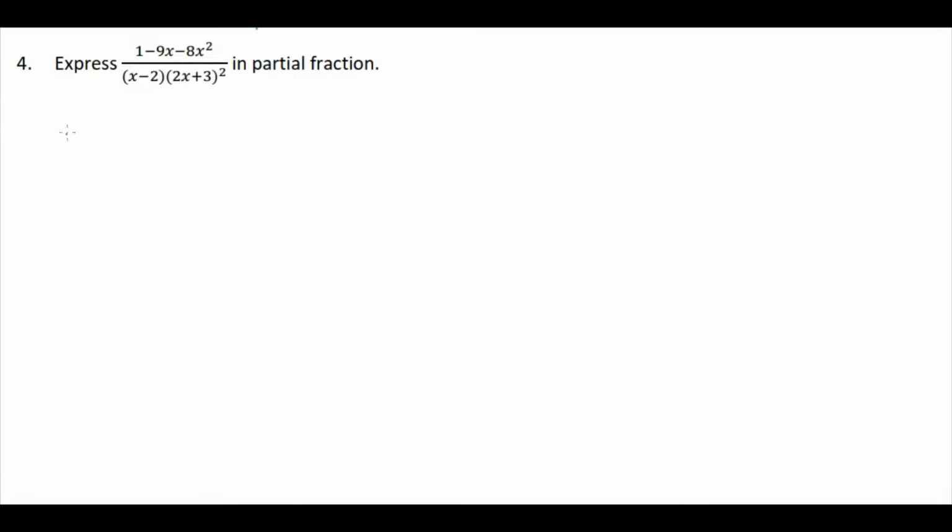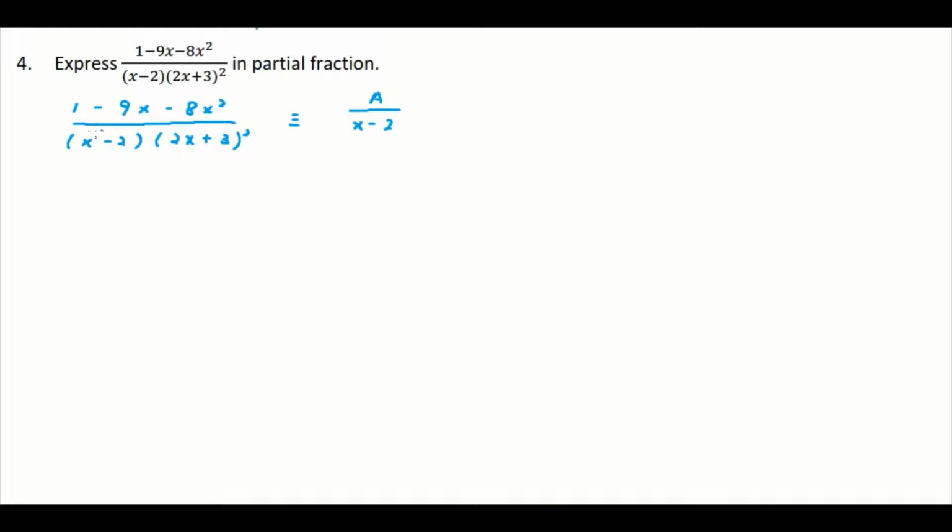So how are we going to solve this? Then you need to use both. So meaning that, let me try to copy down first the given fraction. Okay, so follow the same thing. Every linear factor, you should have a partial fraction that is A over x minus 2, right?